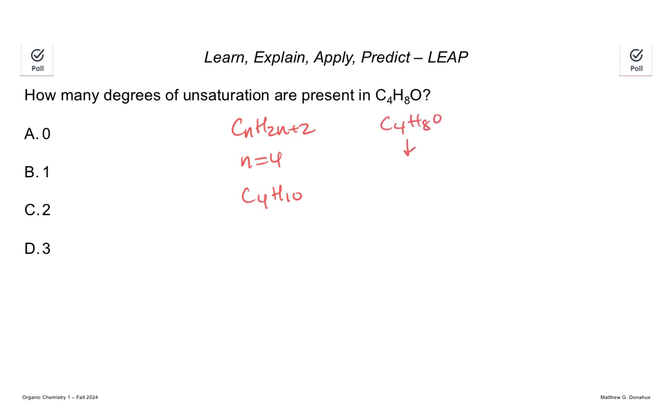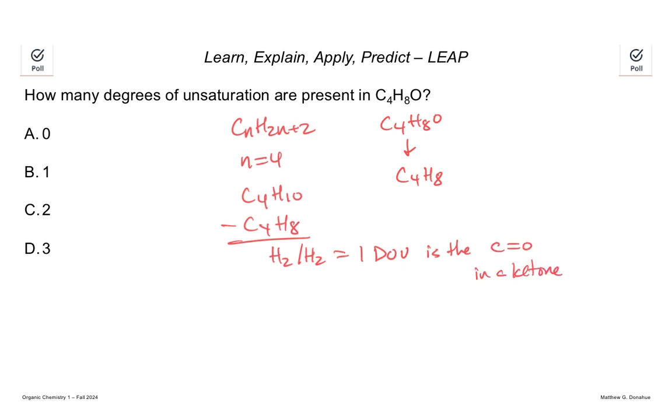C4H8O becomes C4H8. So that leaves us with H2 divided by H2. That gets 1 degree of unsaturation, which we already know is the carbonyl. So that's the carbonyl in a ketone.